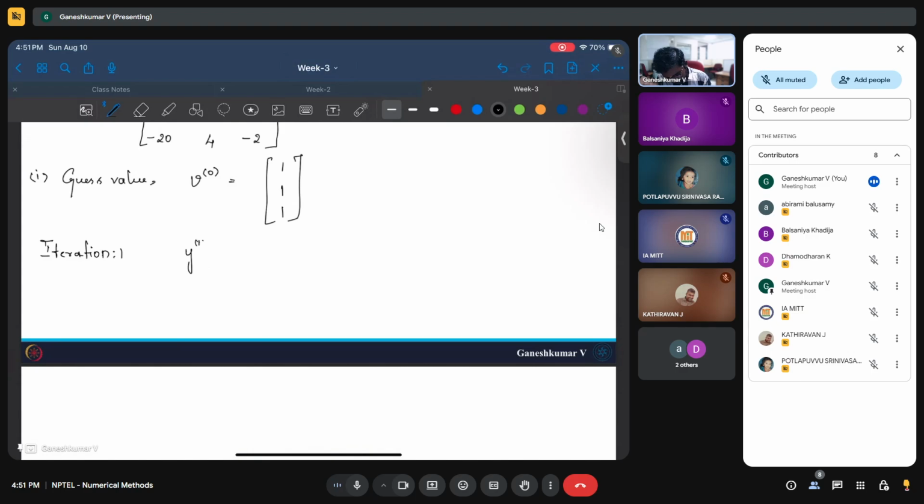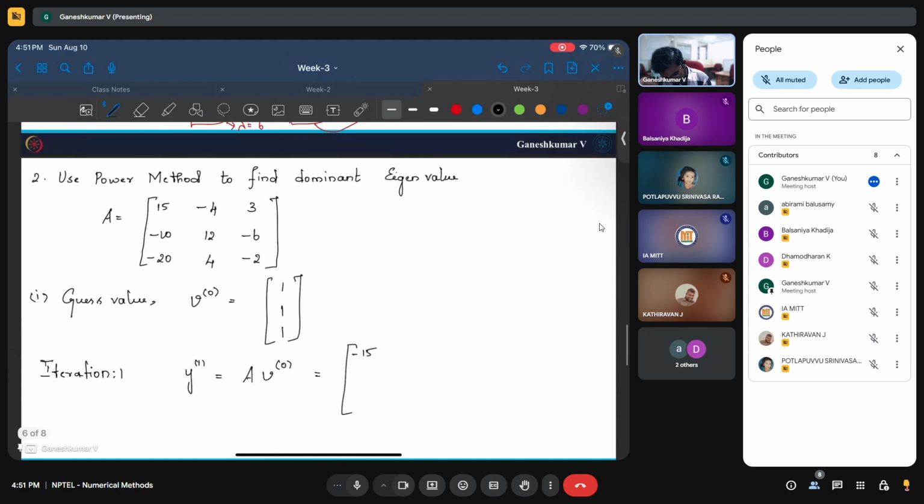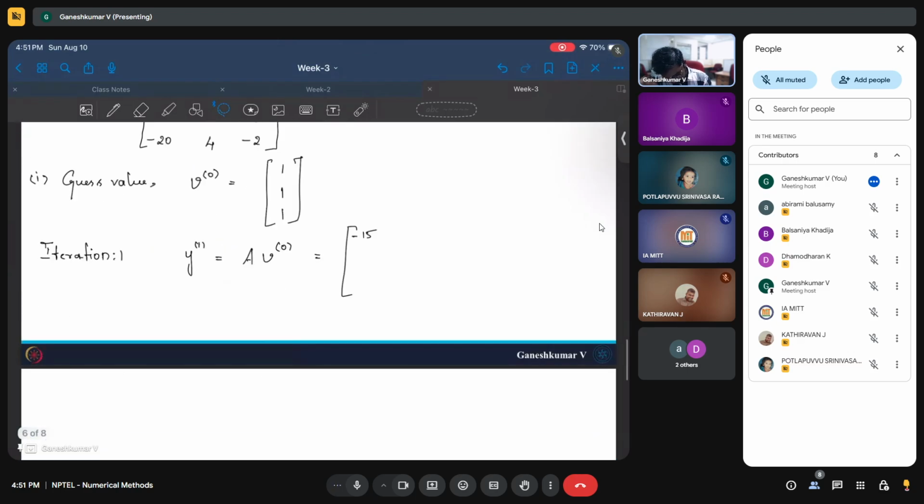So y1 is going to be A times v0. I don't want to write this matrix again and again, so just copy paste this. So this is the matrix and 1, 1, 1.